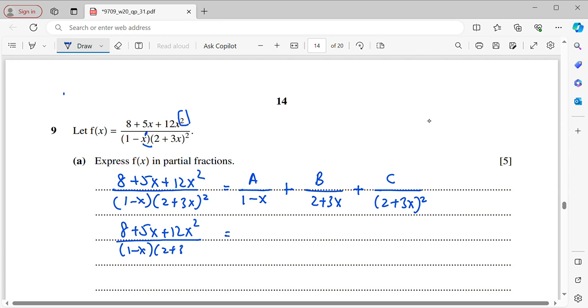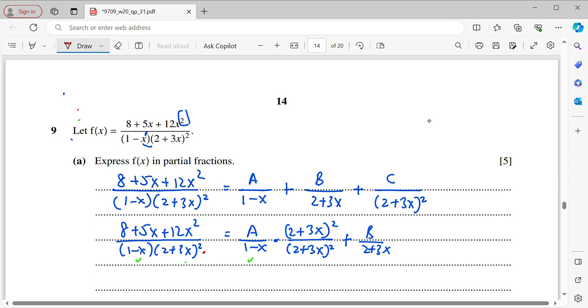So now we need to do expansion, or we need to do comparison. I would say comparison. So now we have 1 minus x, that means you need to multiply with the square. For the second term, B over 2 plus 3x, now we have degree 1.